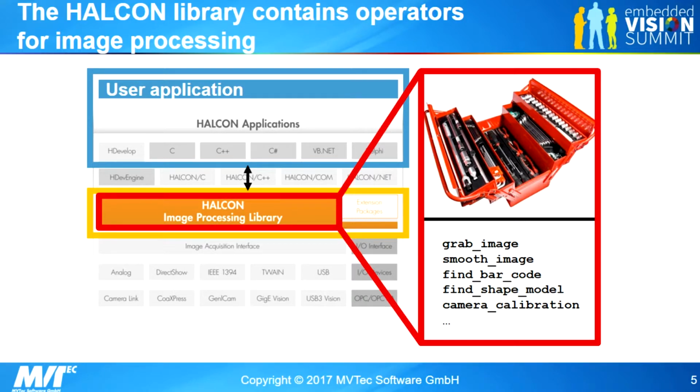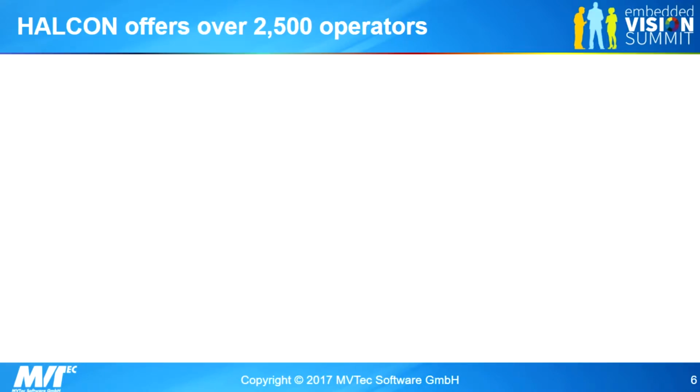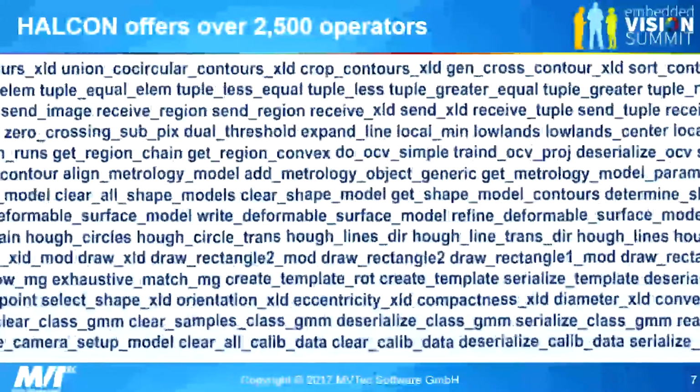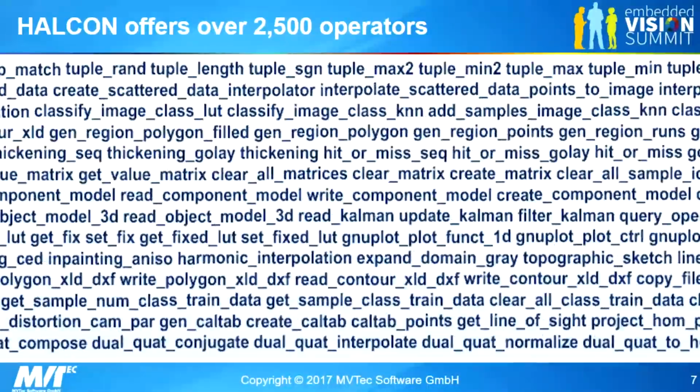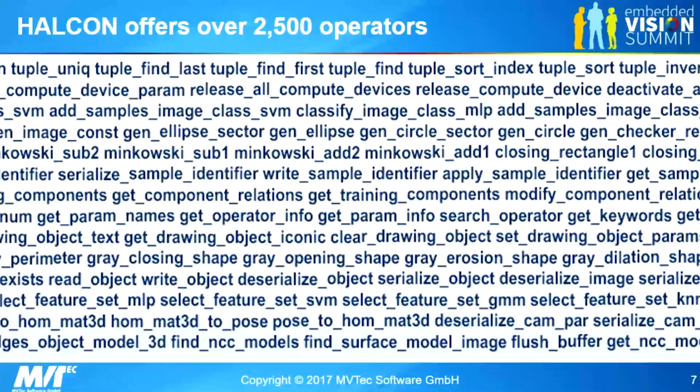So HALCON provides a lot of functions, and we just saw some 40 functions, I heard, in the OpenVX talk. I saw some 24 functions in the ARM talk. HALCON actually provides more than 2,500 operators, which cover all different kinds of low-level, medium-level, and high-level functions.